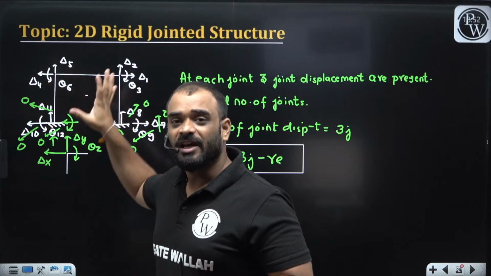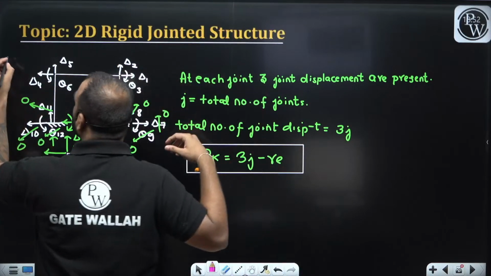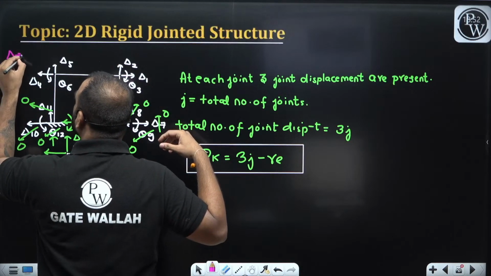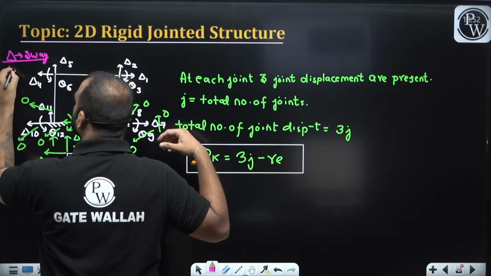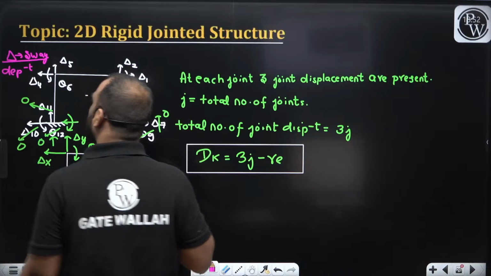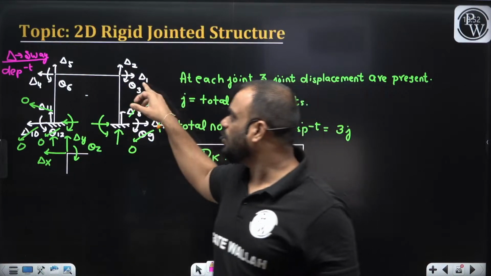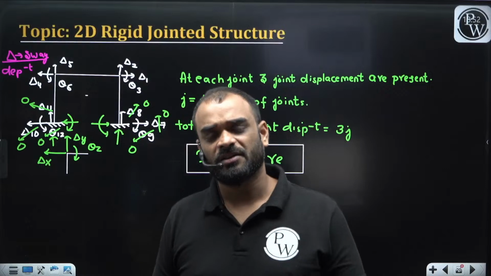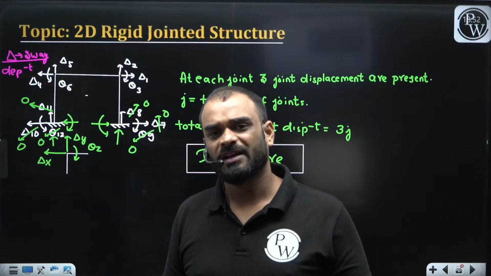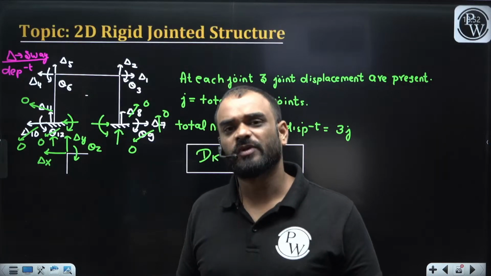That means in this particular condition, sway is also there, but that particular sway is a dependent value. Why is it dependent? Because if you allow delta 1 and delta 4, whatever net value there is, by taking the algebraic sum of it, you will get the value of sway.